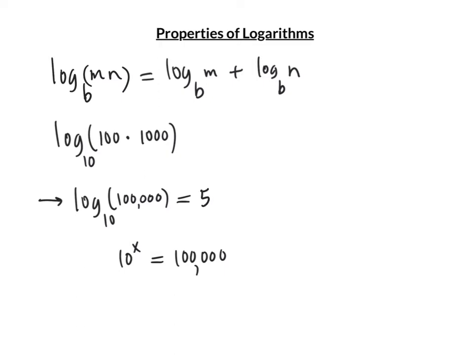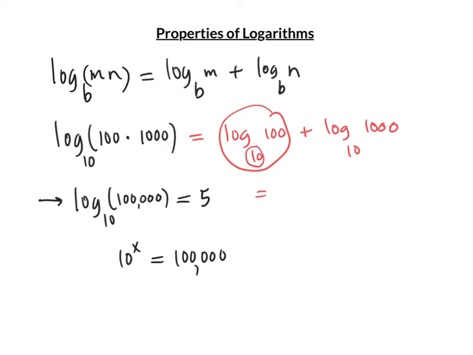Now let's apply the log rule and see if I get the same answer. This would be equal to the log base 10 of 100 plus the log base 10 of 1000. This means 10 to some power is 100, that's 2, plus this means 10 to some power is 1000, that's 3, and notice that 2 plus 3 is 5.